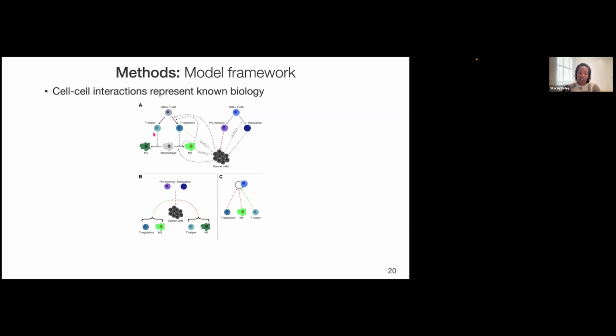So lots of cell-cell interactions that we can write down the rules for and then use our model to predict how that gives rise to the population of cells in the tumor and also their spatial organization. We also have macrophages and T cells that further influence cancer cell death, and we have proliferation of the T cells as well. This is just a small fraction of the interactions, but it's meant to represent what we know is happening in biology.